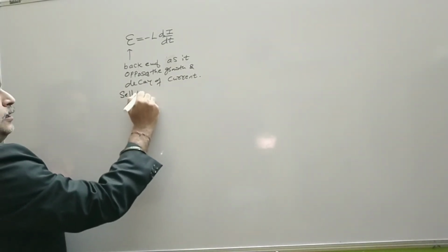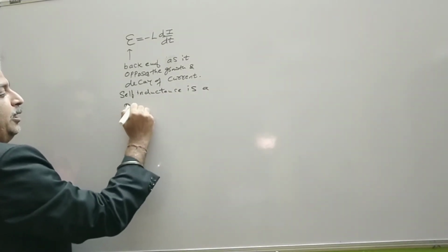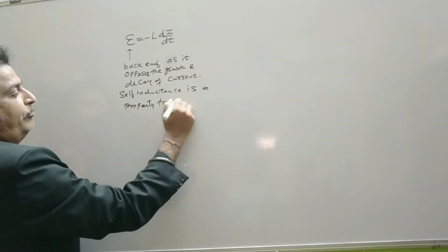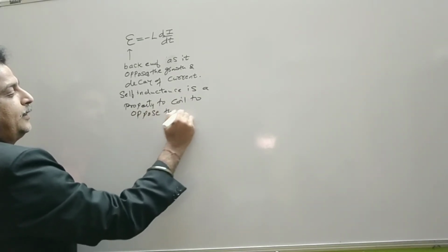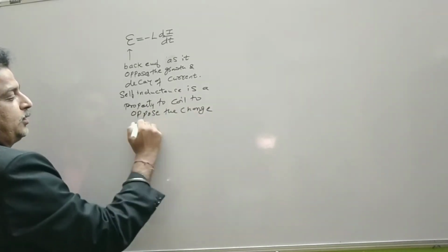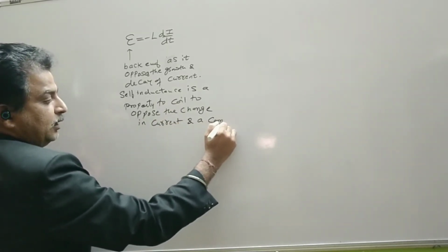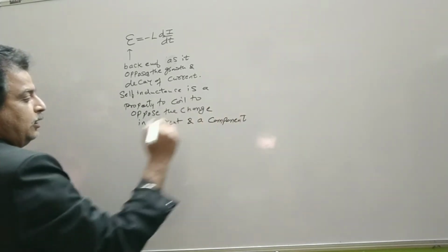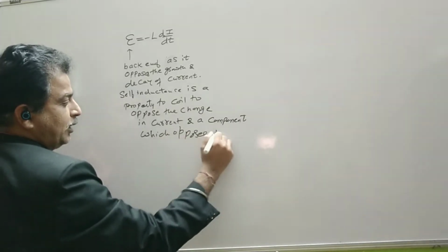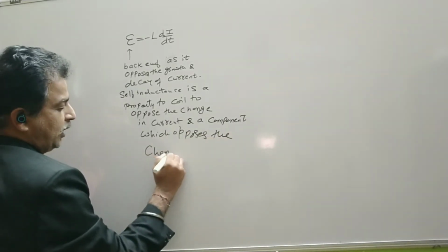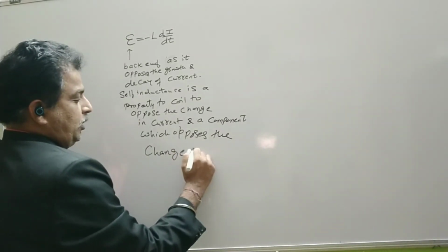Self-inductance is a property of a coil to oppose the change in current, and a component which opposes the change is called an inductor. Here change means the growth and the decay of the current.